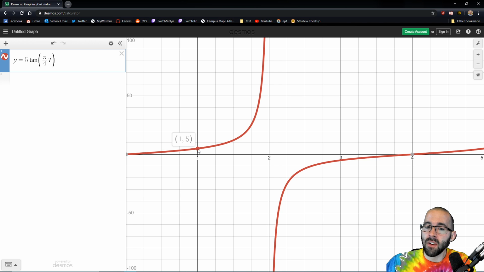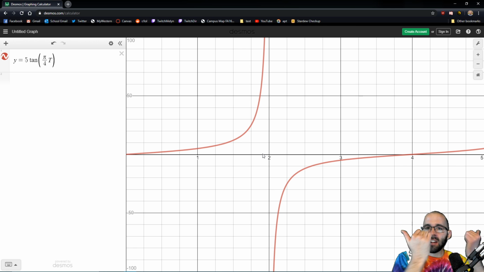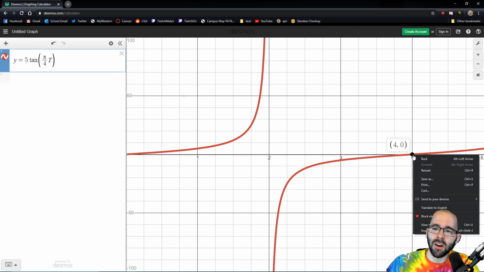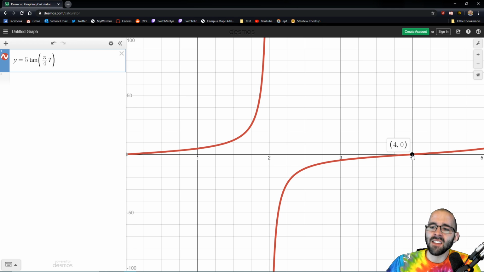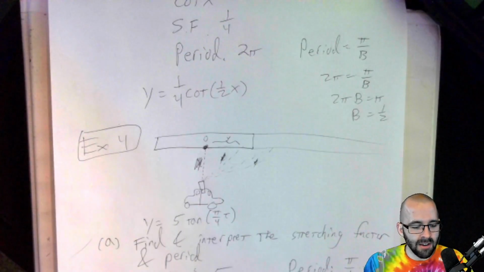Okay, and we said after a quarter of our period, we should be at 5, which we are, 5 feet. And then the further and further it rotates away from the wall, the faster and faster the light starts moving until at half the period, when the lights are now shining parallel to the wall, the light is infinitely far away from the wall. Okay? And then it appears now on the left side. This is your left. Really, really far away. And after a period, our period we said was 4, it's in that spot directly across from the police car again. So this graph makes sense with how we should conceptually understand this phenomenon in real life.